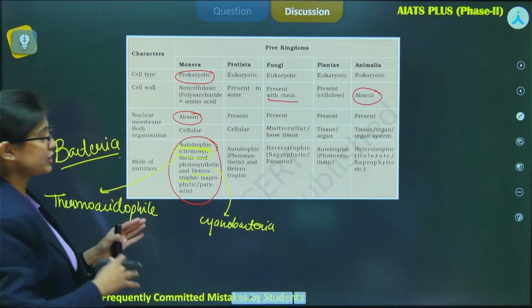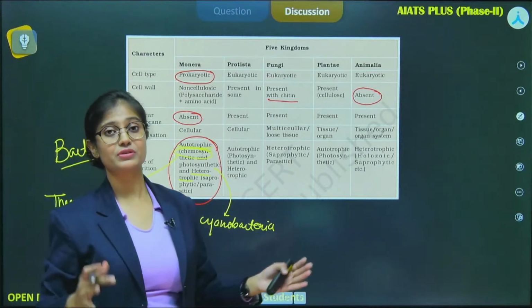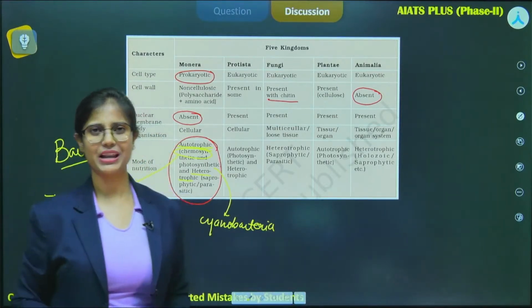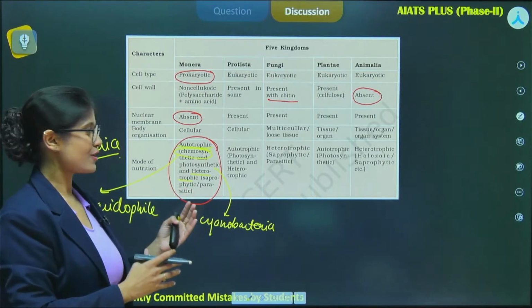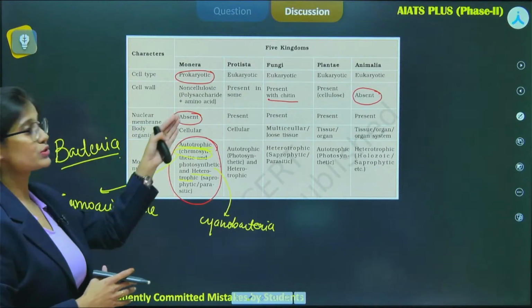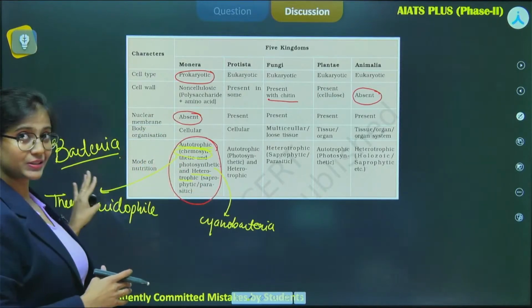And the heterotrophic mode of nutrition can be observed in most of the bacteria, for example, Lactobacillus. So we can see a very diverse mode of nutrition in the members of kingdom Monera, and bacteria is the sole member.